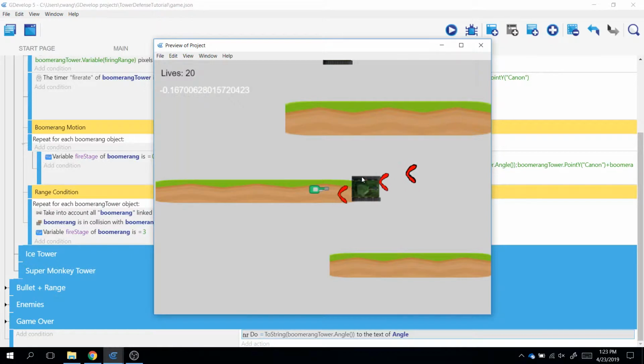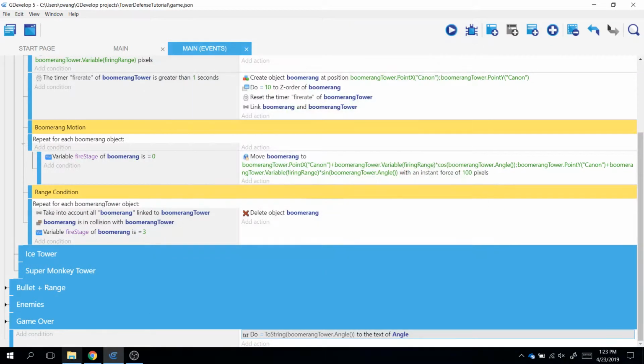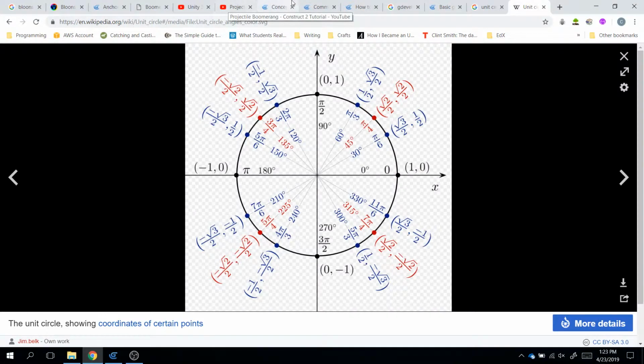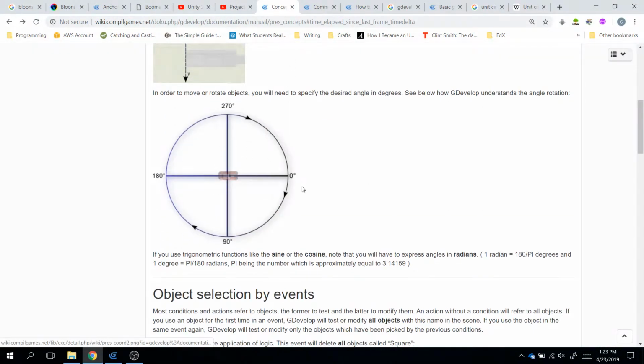Alright, that's a little interesting, because didn't this say that the angle is 0, 90, 180, 270? Why is this negative 90 all the way to negative 180 essentially?